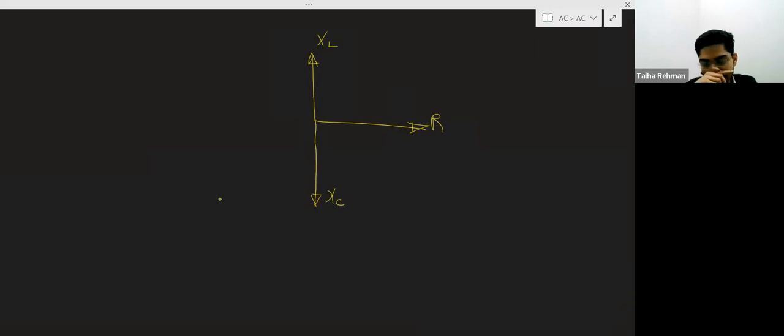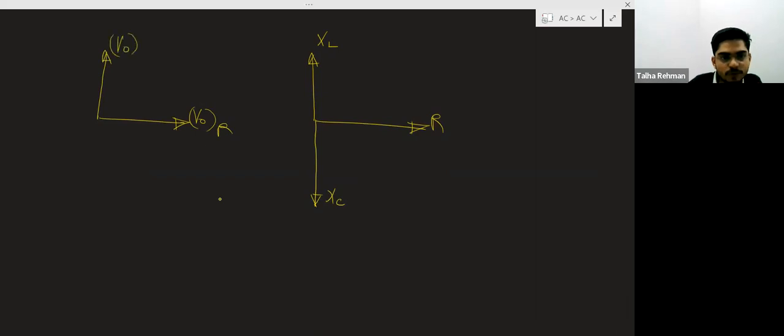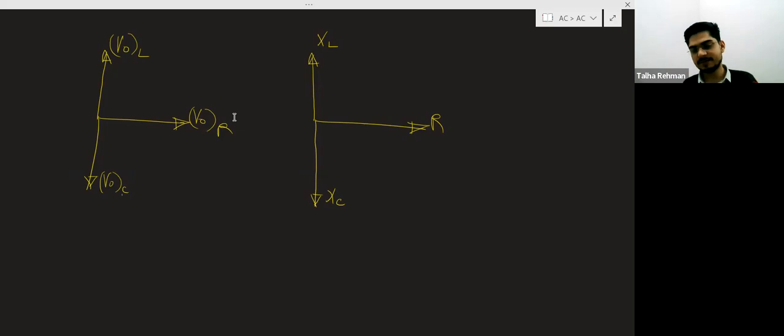In terms of voltage, this is V naught R, peak voltage across the resistance, this is V naught L, peak voltage for the inductor, and this is V naught C, peak voltage for the capacitor. Accordingly, the phasor diagram will change when XL is greater than XC or when XC is greater than XL.